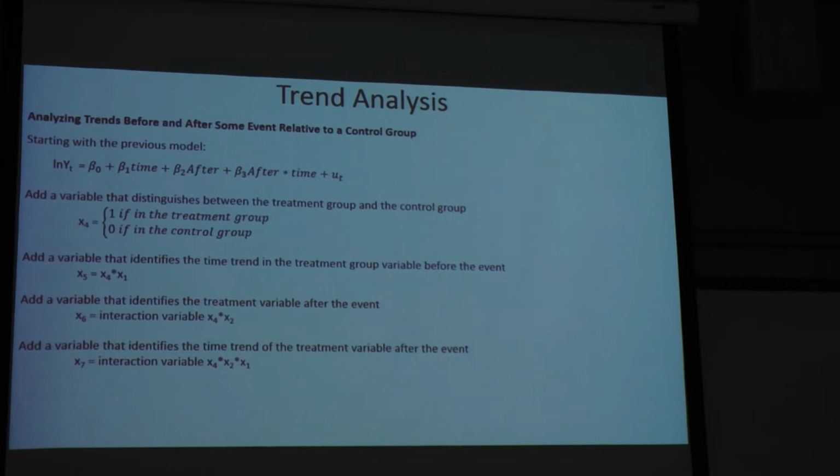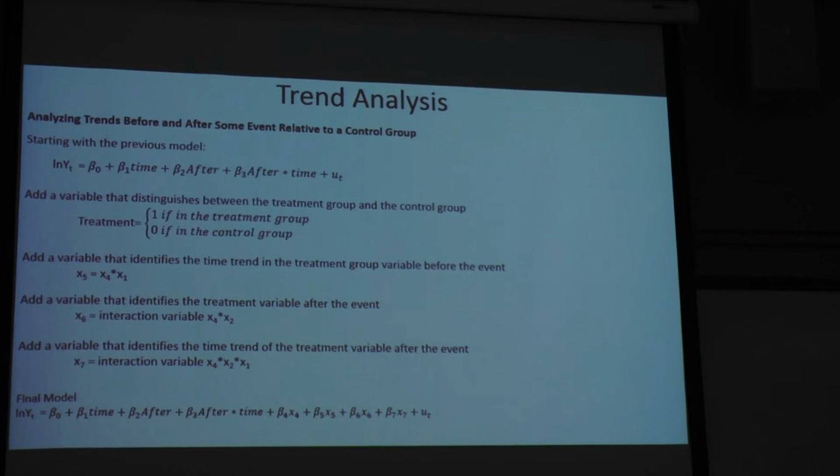Let me rip through this real quick. Not real quick. There's the model, and then I'm just going to change it. Let's call x4 treatment, like we did before. Let's call x5 the interaction of treatment times time. Let's call it treatment time.